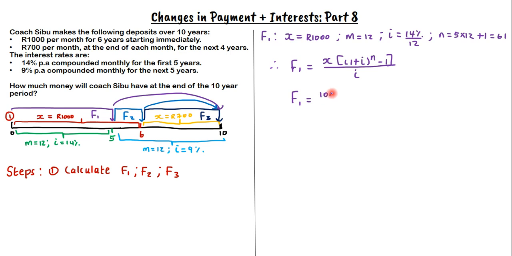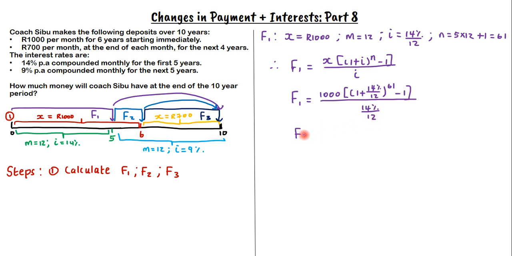Then from here, F1 will be 1,000 into 1 plus 14% over 12 to the power of 61 minus 1, over 14% over 12.